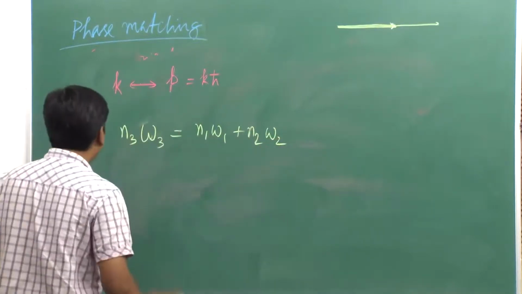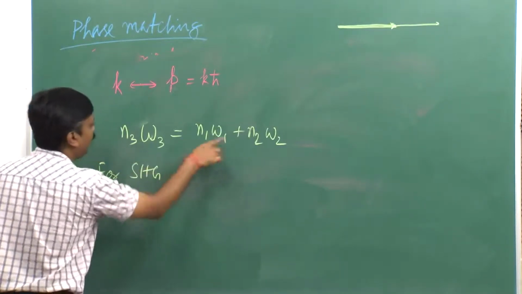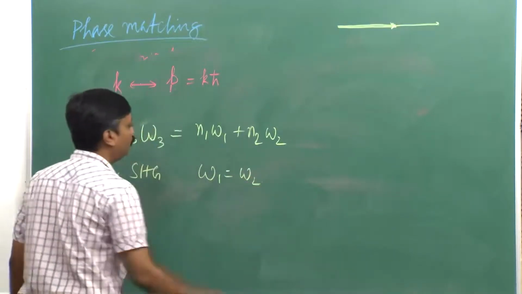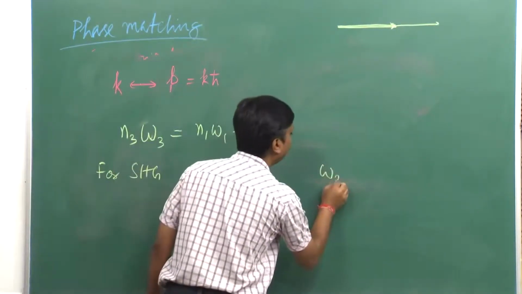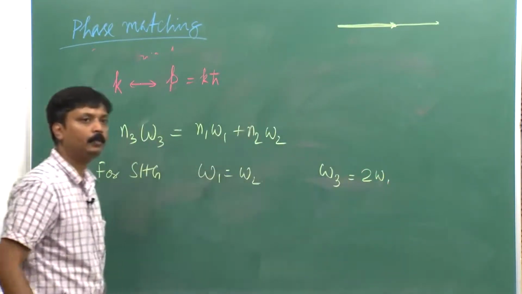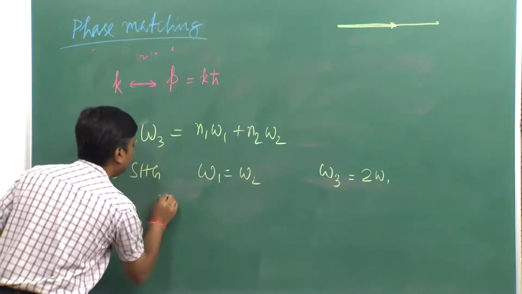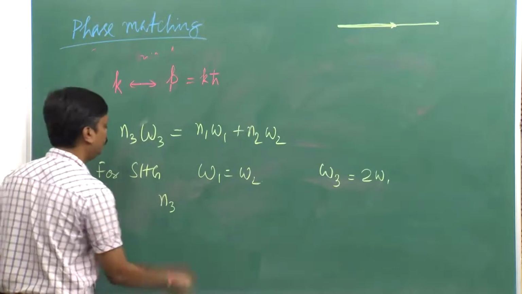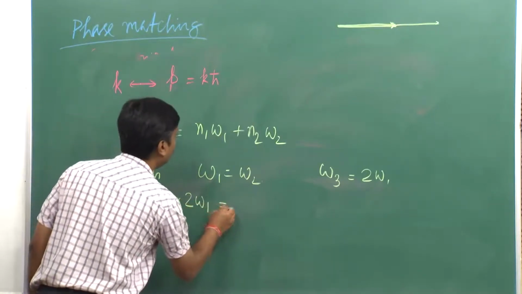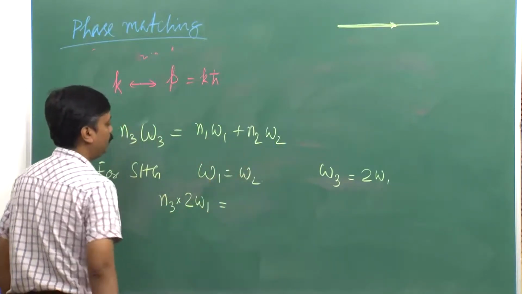So, now for SHG, I have to have omega 1 equals omega 2, and not only that, I should also have omega 3 equals 2 omega 1. So, if I put that, it is n3 into 2 omega 1 equals n1 omega 1 plus n2 omega 1, right.